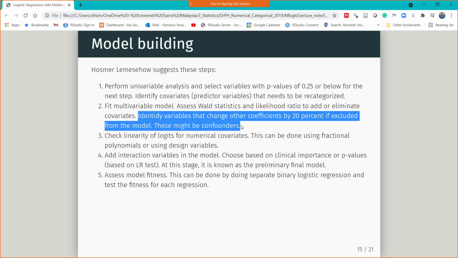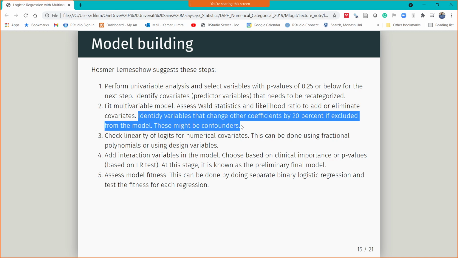It means that you do interaction between A, B, A, C, A, E, B, C, B, E, and C, E. Then look at the p-values. You can set the p-value at 0.05, but in one example, Hosmer used a p-value of 0.1 even. Anything below that value, you can include in the model. So this is what we call the preliminary final model.